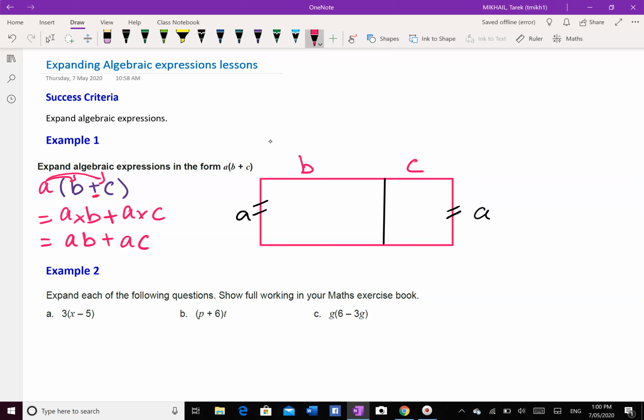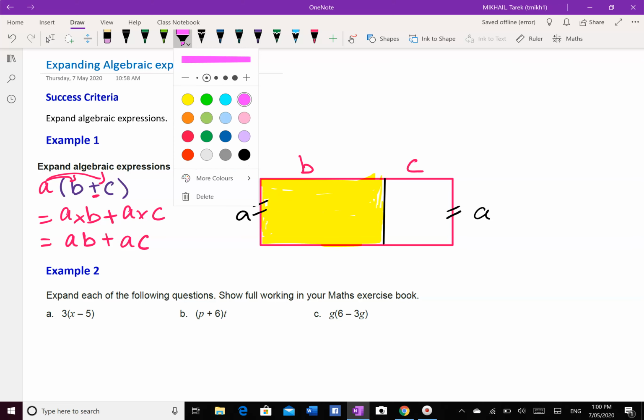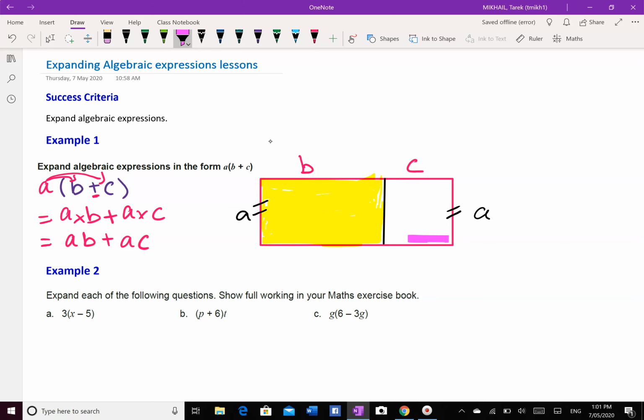So we're going to find the area of the big rectangle, this one here. Okay, coloring, my favorite. And the other rectangle, which is C. We need to find the area of the two rectangles.